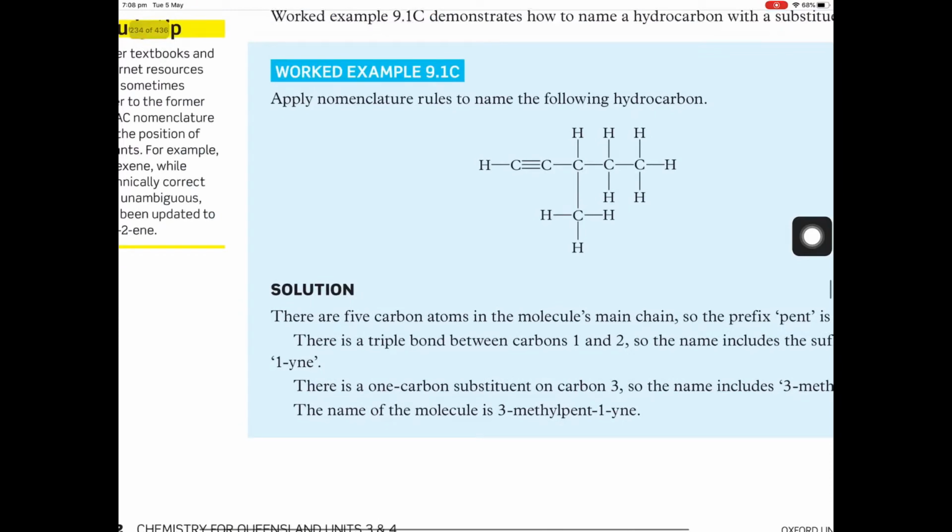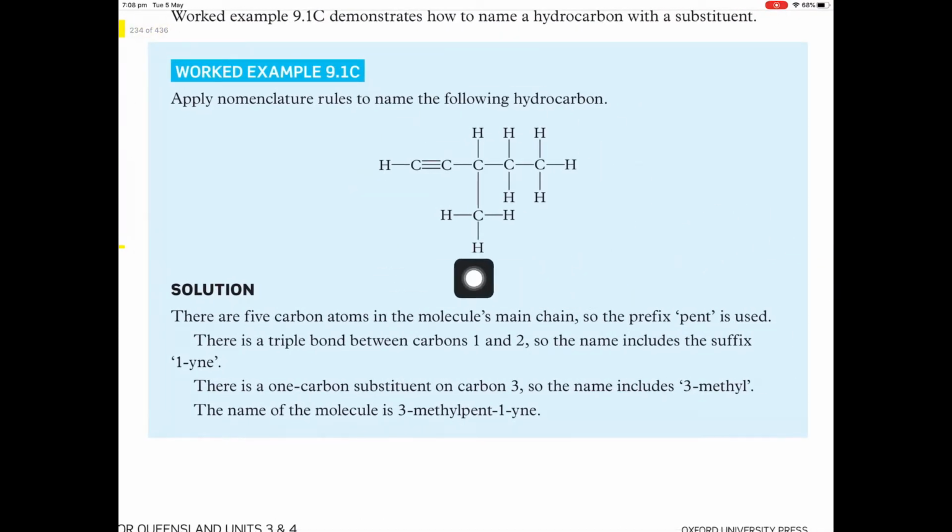Yep, 222. It's got this pretty complicated looking molecule here. Let's try to name this hydrocarbon using our nomenclature rules. Okay, so first of all, let's try to find the main chain. 1, 2, 3, 4, 5 carbons this way, 1, 2, 3, 4 carbons this way. So that's the main chain going in a straight line along there. So it's got to be some sort of pent.